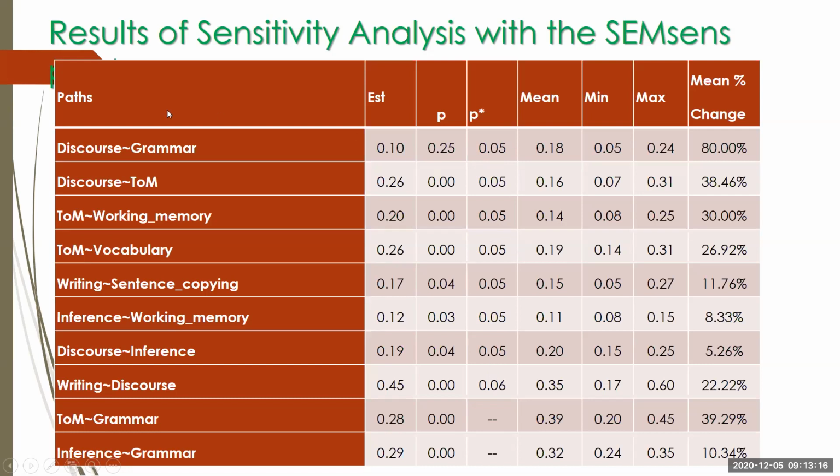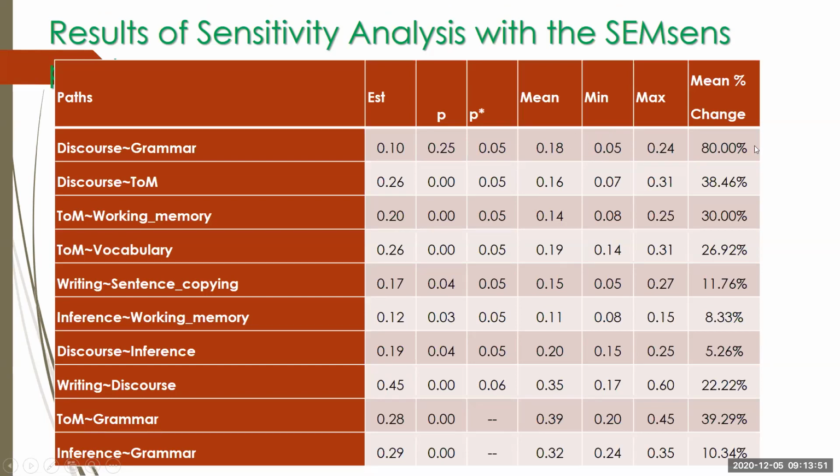So, for example, in the first row here, the effect of grammar on discourse, the original analysis p-value was 0.25, which is not statistically significant. But then through the search, it became statistically significant, and the original parameter was 0.1, but when you added a phantom variable and sensitivity parameters, the mean across the search was 0.18, so it increased quite a bit.